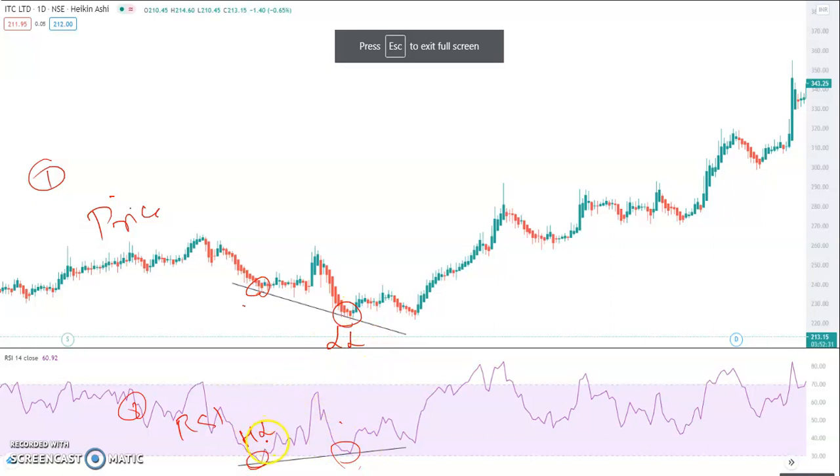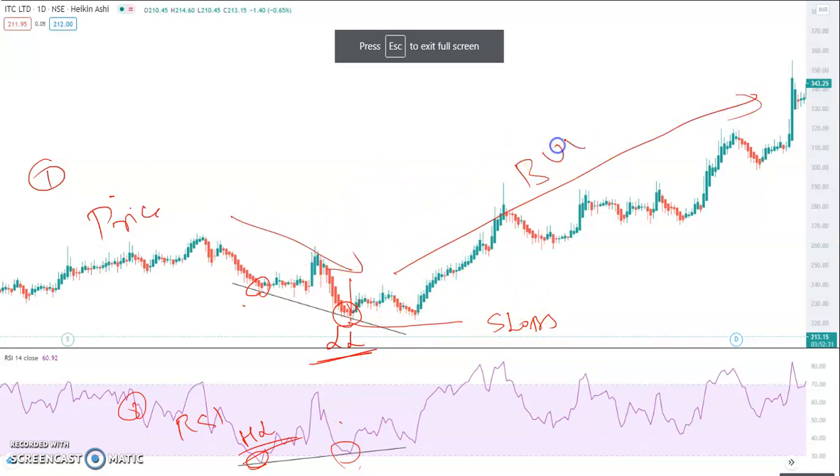So we find the lower low in price and higher low in RSI, keep this entry candle's low as a stop loss, and ride the trend. This is a buy call, and see how long the price went up.